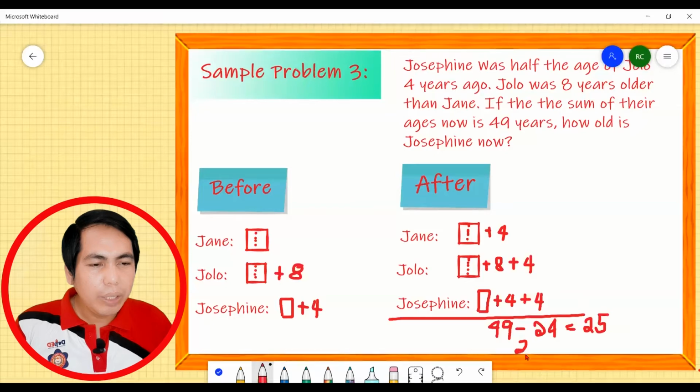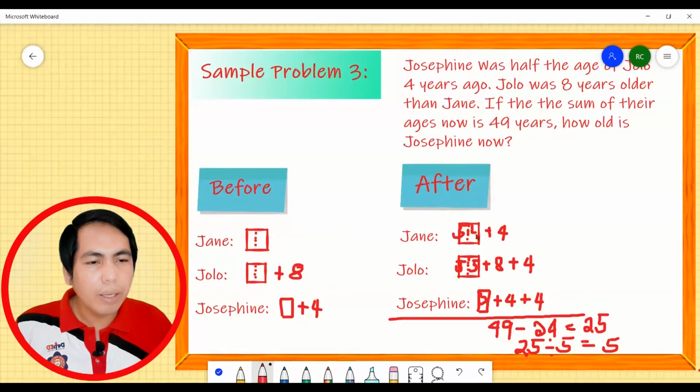So we have to divide the 25 by 5. So 25 divided by 5 will give us 5. So this is 5, this is also 5, 5, 5, and 5.